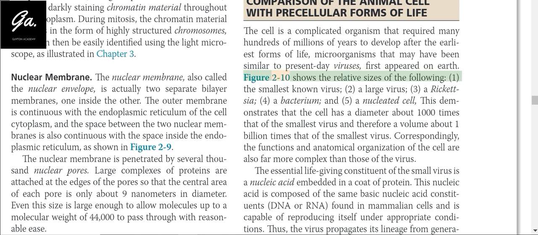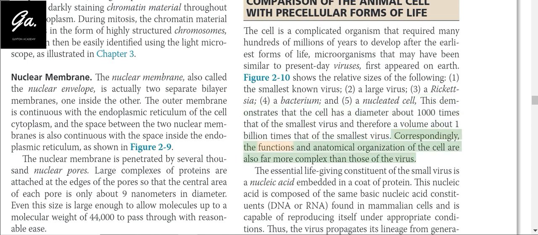Figure 2-10 shows the relative sizes of the following: the smallest known virus, a large virus, a rickettsia, a bacterium, and a nucleated cell. This demonstrates that the cell has a diameter about 1,000 times that of the smallest virus and therefore a volume about 1 billion times that of the smallest virus.